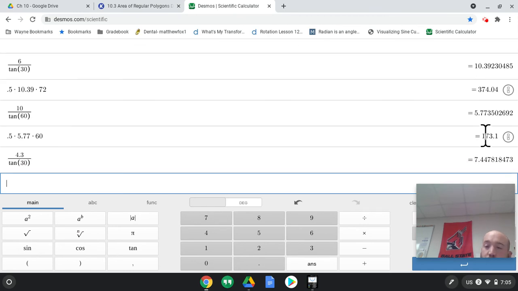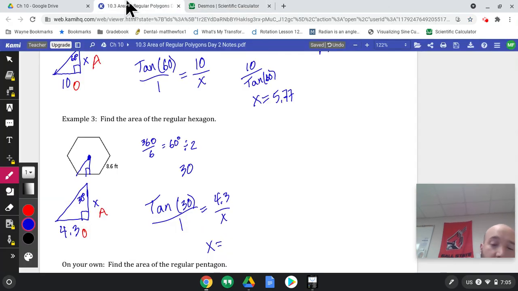So we solve that, 7.447. The 7 causes us to round up, so 7.45. That's our apothem.